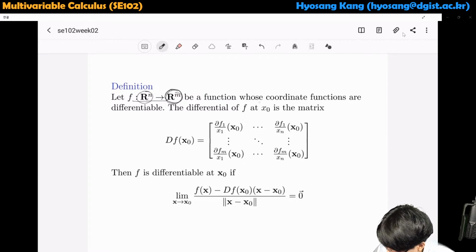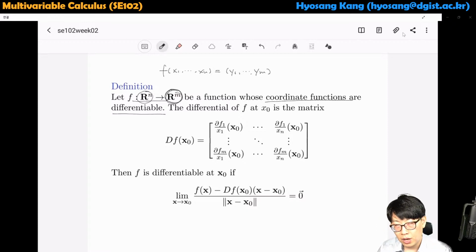we assume that each coordinate function is differentiable, which means that I need n independent variables to obtain m dependent variables. So I put yi as a dependent variable, but each dependent variable, say yj, is a multivariable function on x1 to xn.